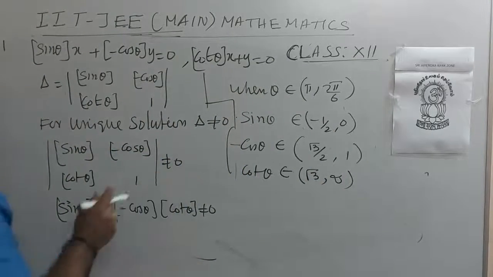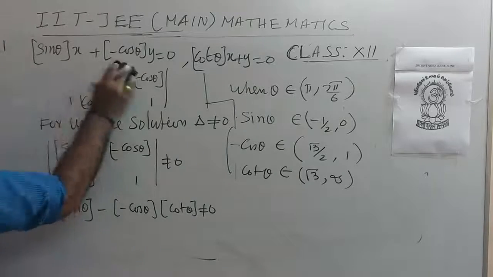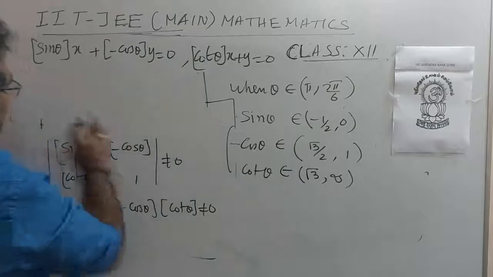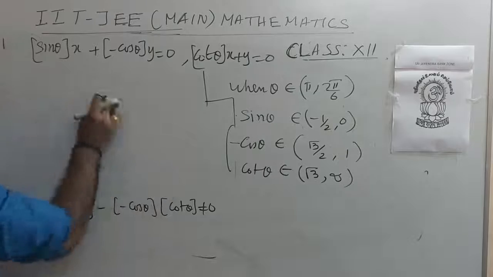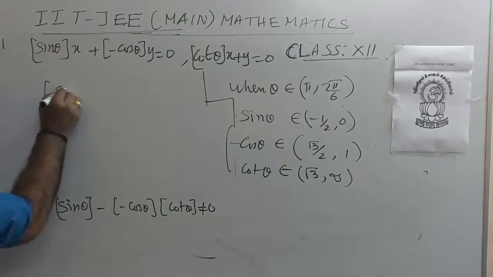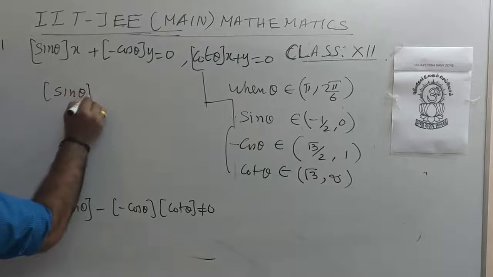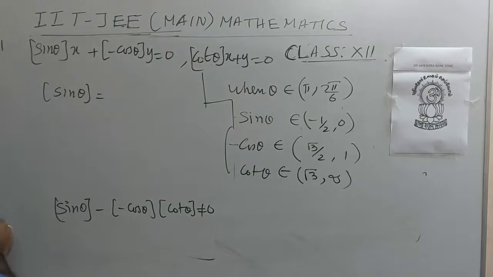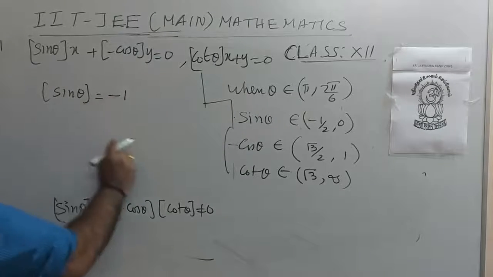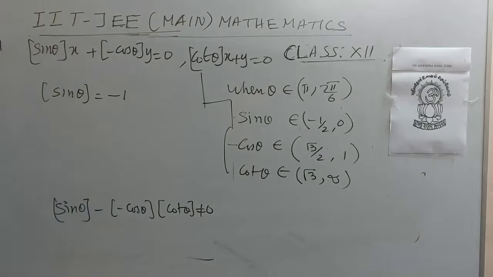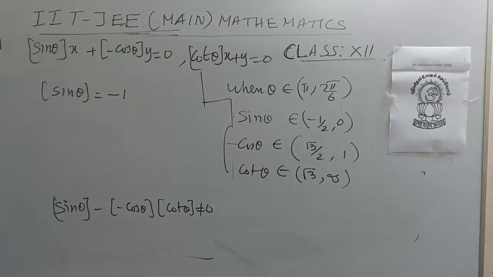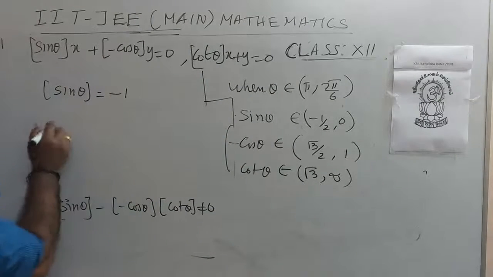Since we have results like this, we have to take the greatest integer function. For minus half, the greatest integer is minus 1.